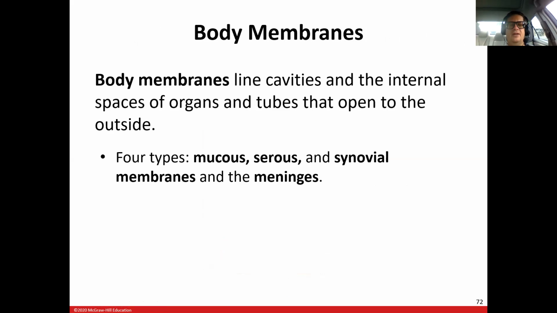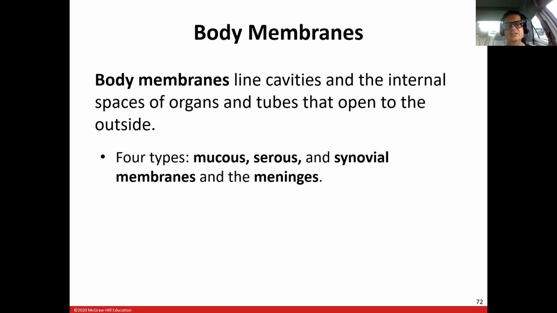The body membranes line cavities and the internal spaces of organs and tubes that open to the outside. So, types of membranes. You have mucous membranes. You might guess they make mucus. An example would be the ones in your nasal passages.